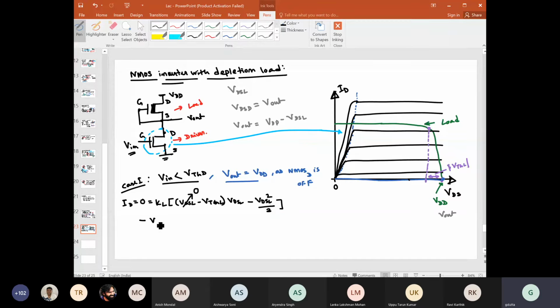So it is nothing but minus VTHL into VDSL minus VDSL square by 2, equal to 0. We will just take this VDSL outside.